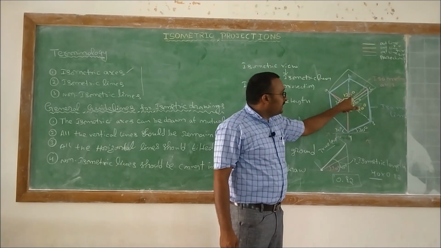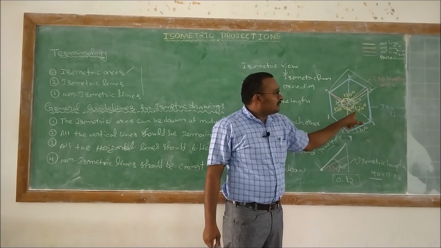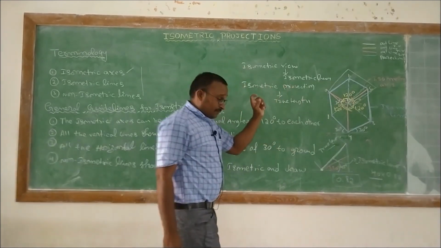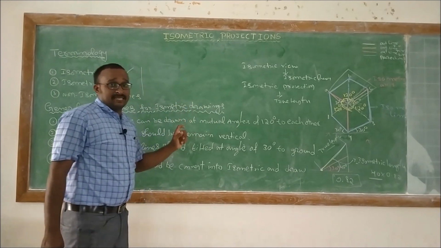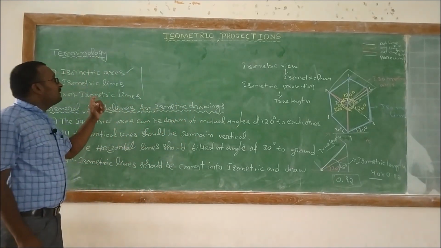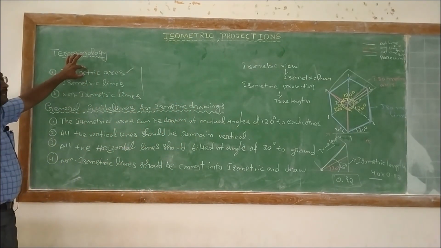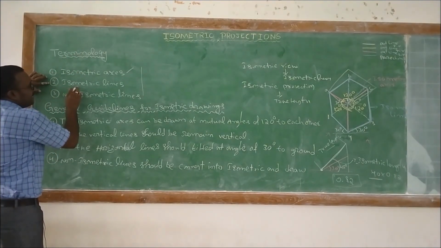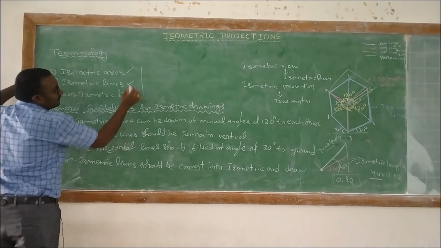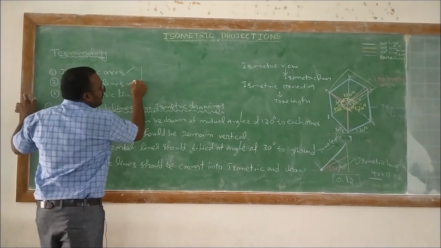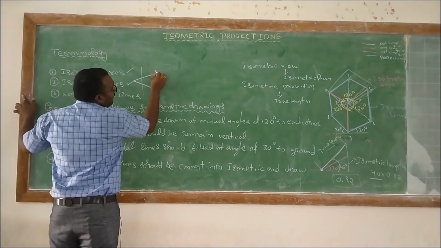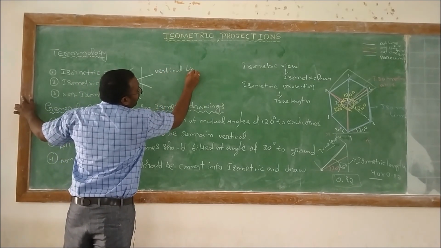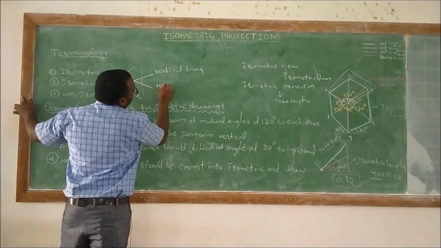These lines are the isometric axes, right? Then we can observe the isometric lines, basically vertical lines and horizontal lines.